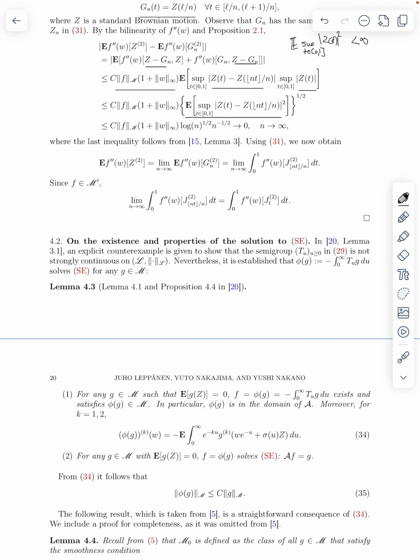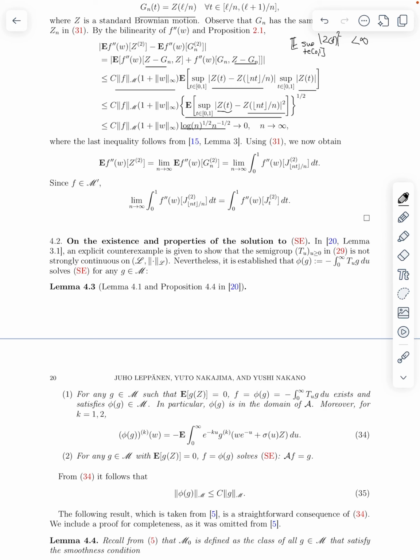Okay, and so now we end up with this. So we have the supremum over t in [0, 1] of the difference between Z_t and sort of its nearest neighbor from a squaring perspective. And we're able to represent this as log n over n, which is related to the law of the iterated logarithm.